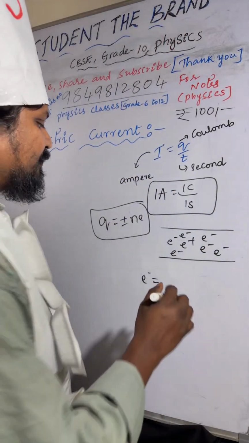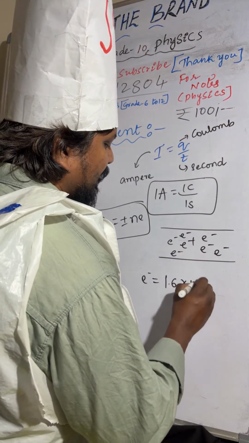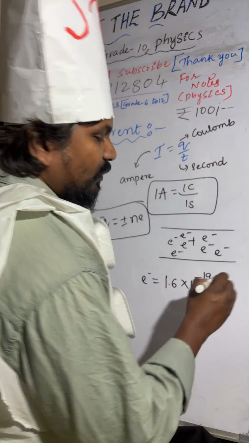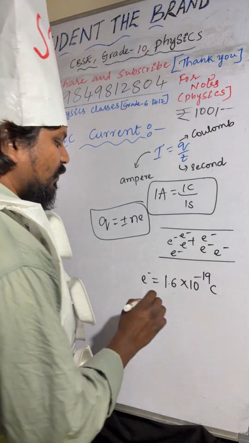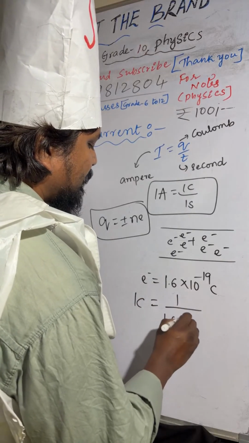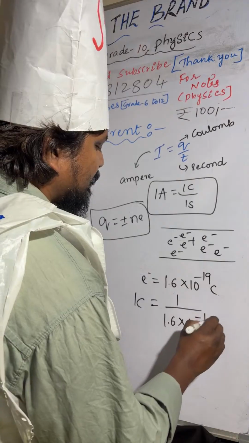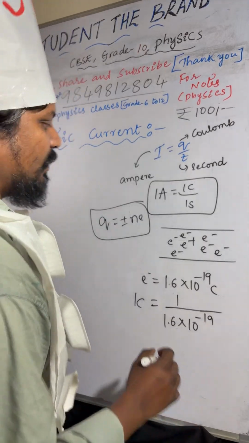Here you can see, on one electron, 1.6 into 10 power minus 19 coulomb. So if you are taking 1 coulomb, 1 by 1.6 into 10 power minus 19.